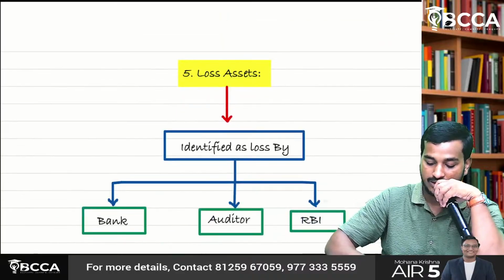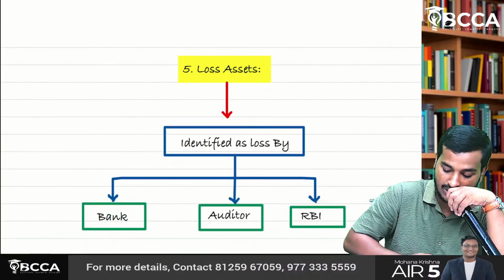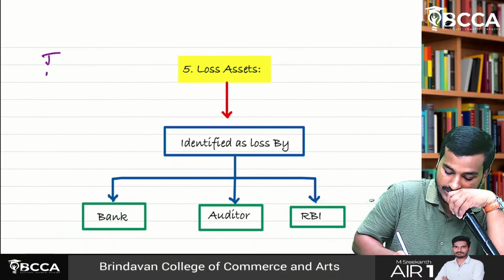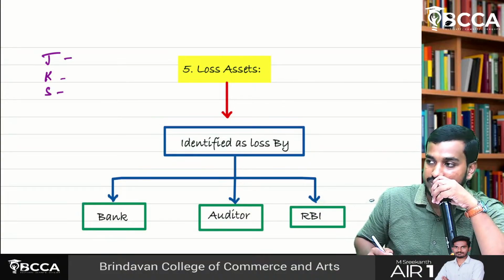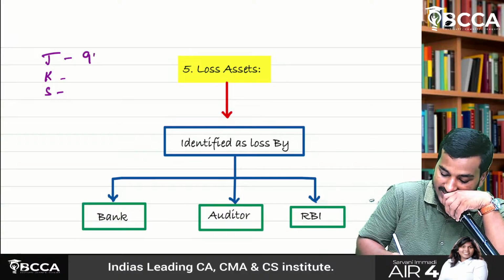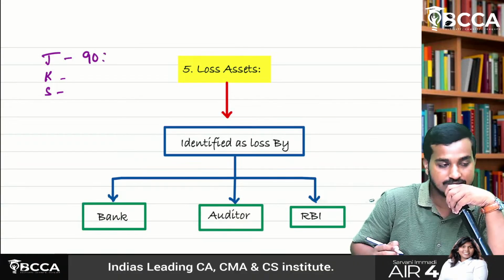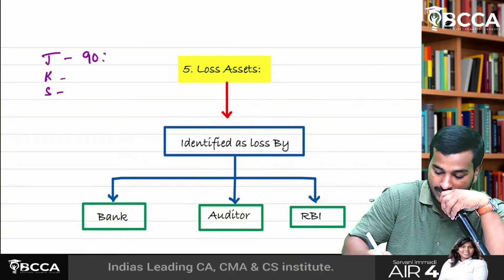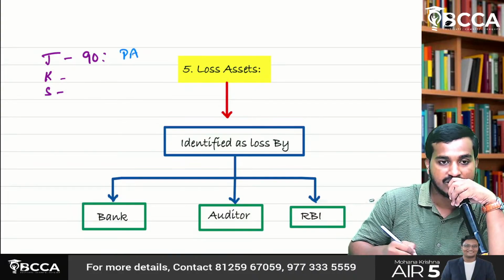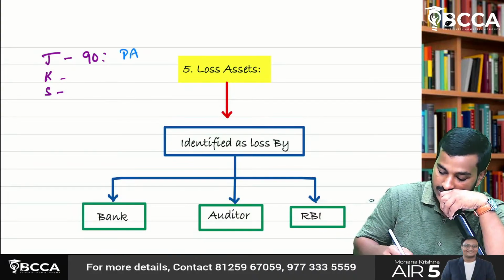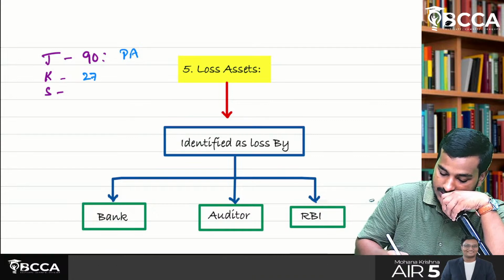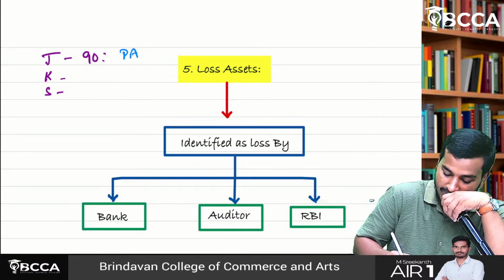For example, in our example, we have given loans to Jyoti, Kirti, Sudha. Jyoti's overdue is up to 90 days, so she is called a performing asset. Kirti's overdue is 270 days or else 160 days.